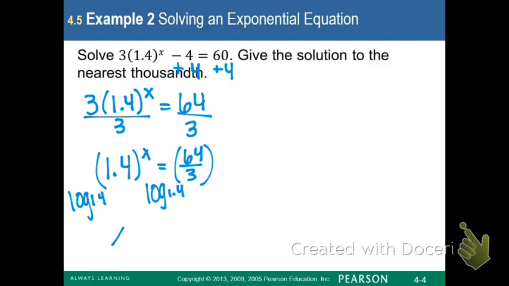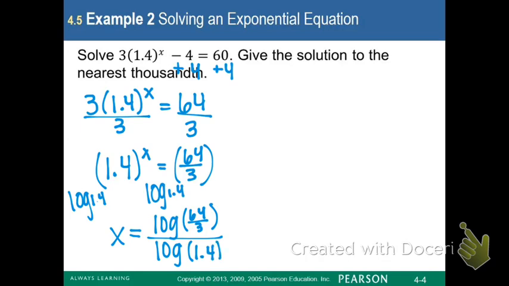That will undo. So I'll have x equals this. Again, using change of base to plug this into my calculator, this is log of 64 over 3 divided by log of 1.4. When I do that in my calculator, I should get 9.095.